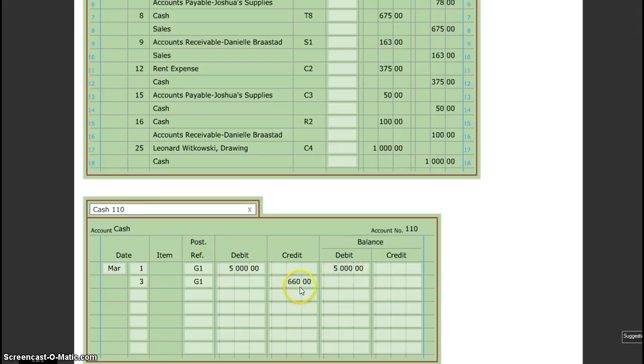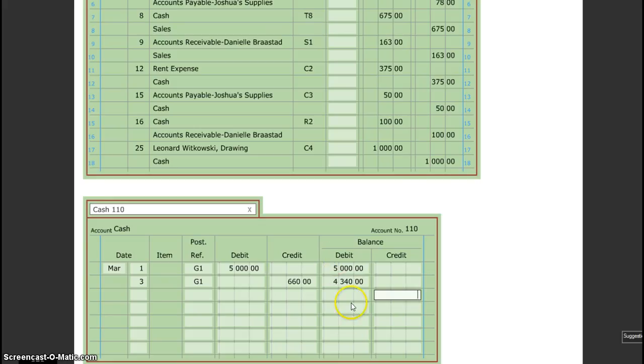But we have a credit here, so that means it's going to subtract $660 from the $5,000 balance, and we are left with $4,340. So we place that right here in the debit column, $4,340.